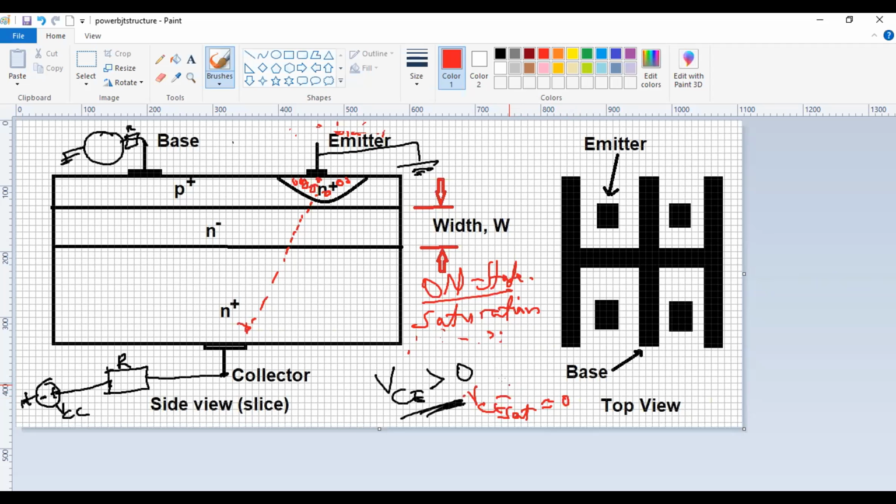I won't put it at 0, because it's greater than 0. So in this case, to get into saturation, I need a large base current. So IB is greater than 0, relatively large, to push it directly into saturation.